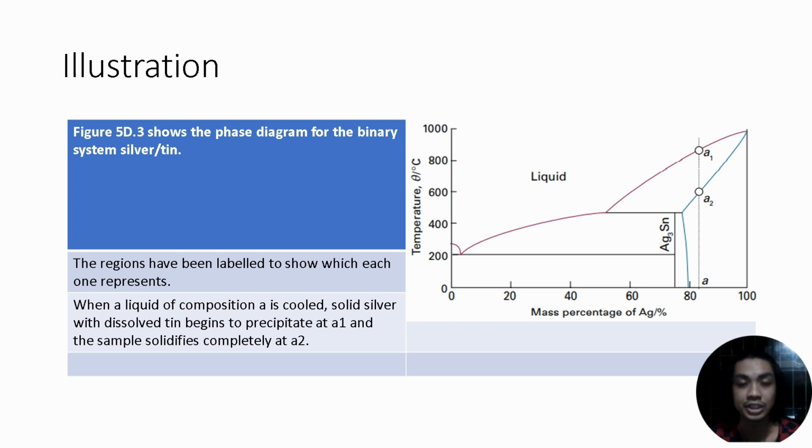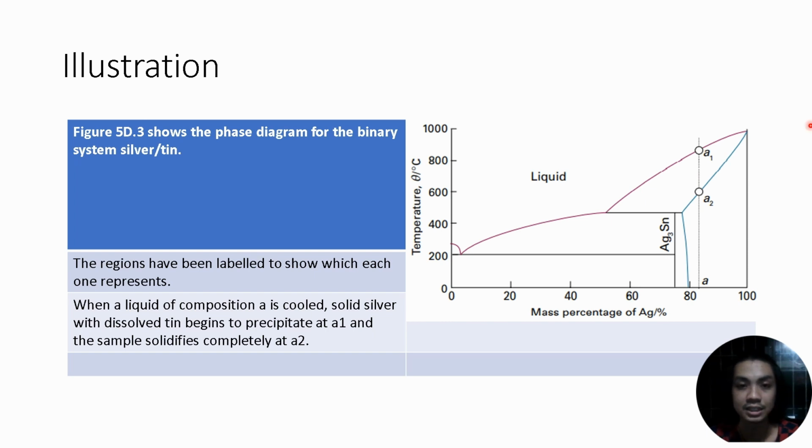In this illustration of the phase diagram for the binary system silver tin, the regions have been labeled to show which each one represents. As you can see on the right, the diagram tells us that when a liquid of composition A is cooled, solid silver with dissolved tin begins to precipitate at A1, and the sample solidifies completely at A2.